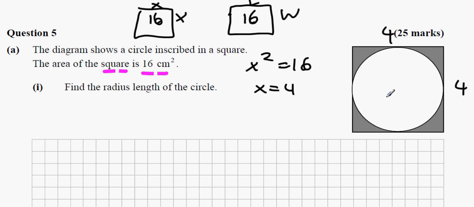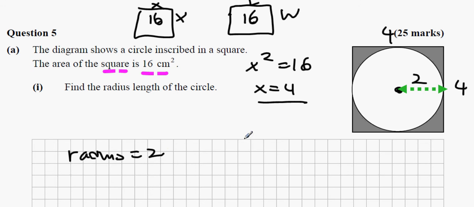Now, if a circle just fits into this square, it means that its radius has to be half that of the length of the square, which is going to be 2. Find the radius length of the circle. The radius equals 2. Okay, and just show this workings here, right?